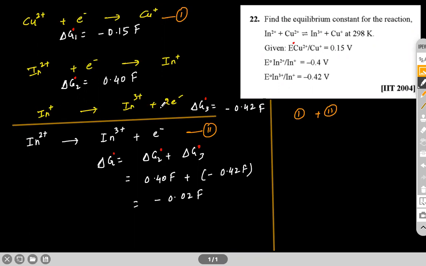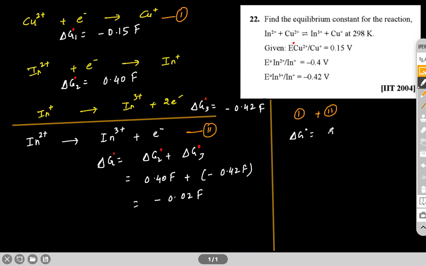Remember one thing, if you have done everything correct, then these 2 electrons will get cancelled. Or by multiplying some number, but they have to get cancelled. If not, it means you have done something wrong. We are concerned only with the delta G naught of the net reaction, which is the addition of this plus this.